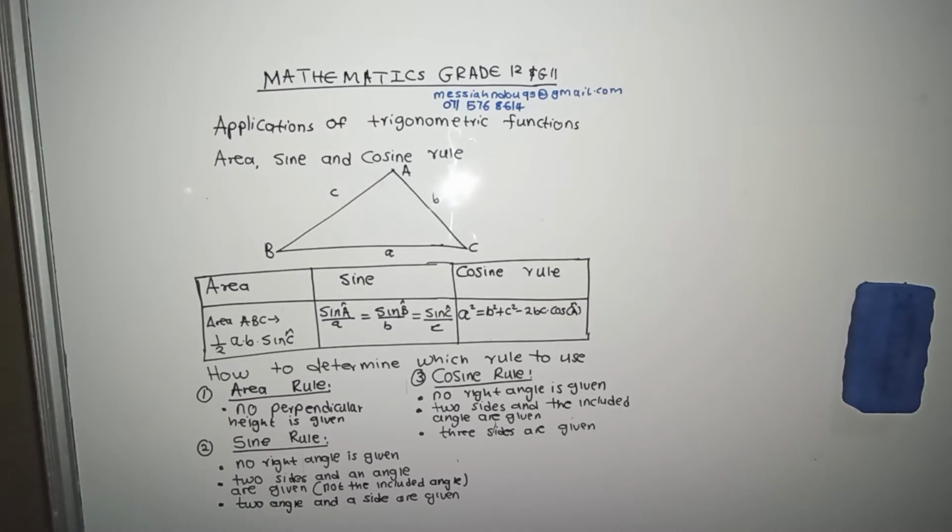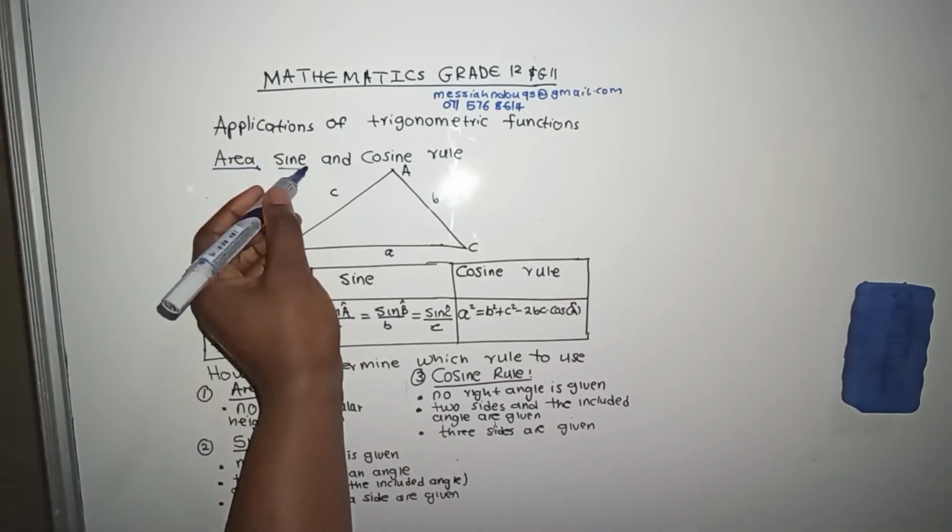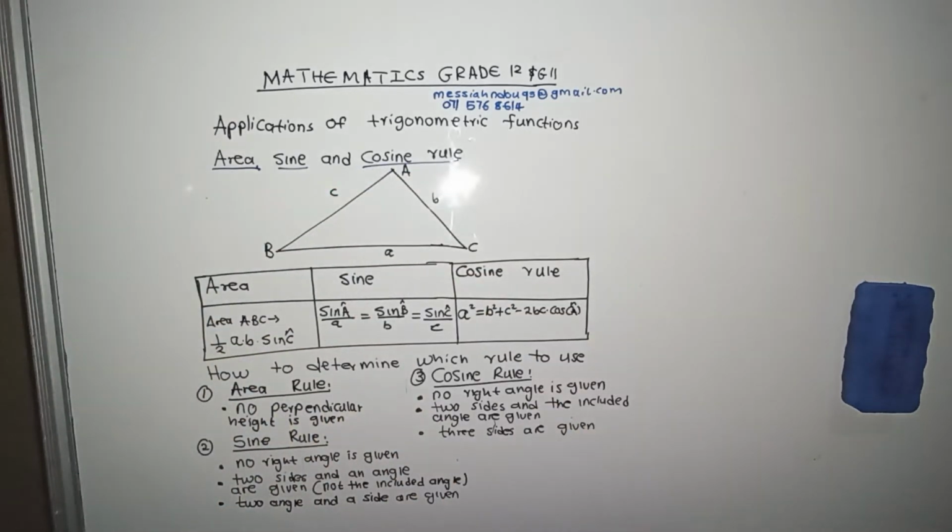So just allow me to take you through, guys. As you can see, the applications of trigonometric functions are divided into rules: the area rule, sine rule, and the cosine rule.